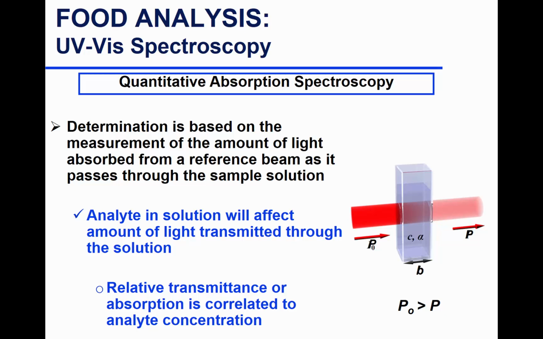The higher the concentration, the higher the absorption, the lower the transmittance. But the relationship between concentration and transmission is not linear. However, the relationship between concentration and absorption is linear. And that's why we use absorption to determine concentration. We don't use transmittance to determine concentration.